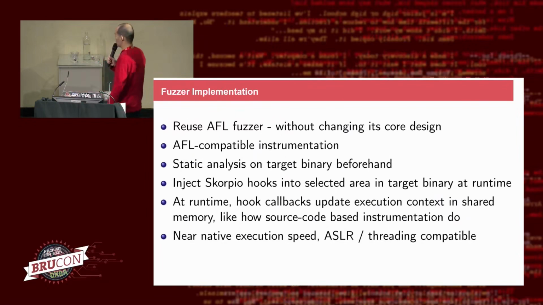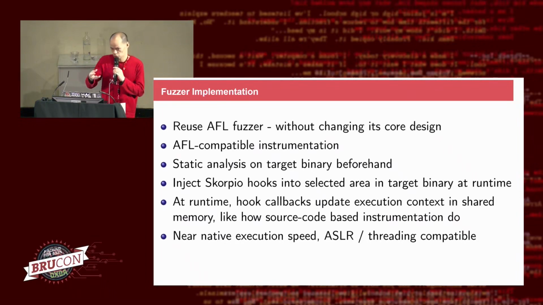Okay, talking a bit about implementation. So we reuse AFL. We do not change the core design of AFL at all. We use the fuzzer itself. And remember that in the design, if we want to fuzz a program with AFL, right, we need to compile from source code to introduce instrumentation into the target binary.